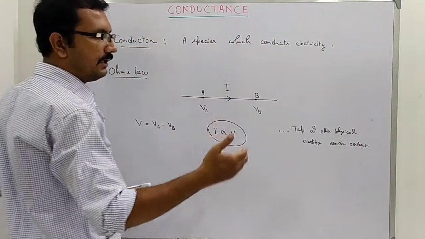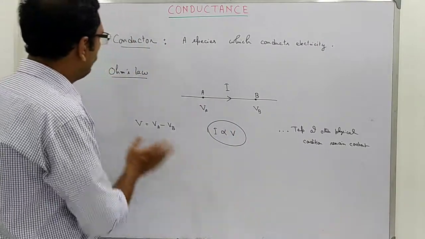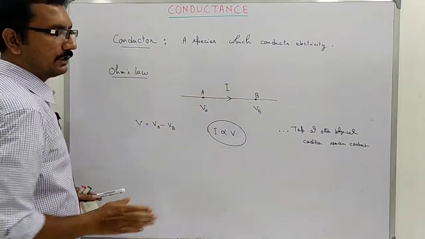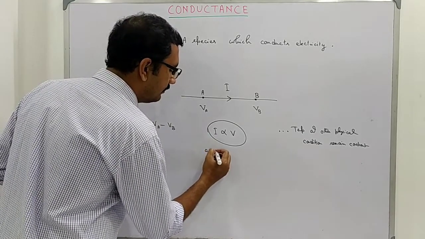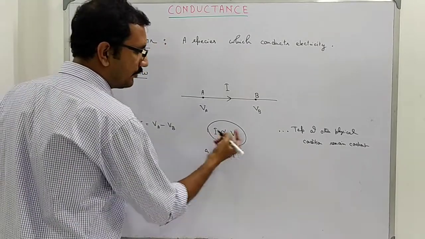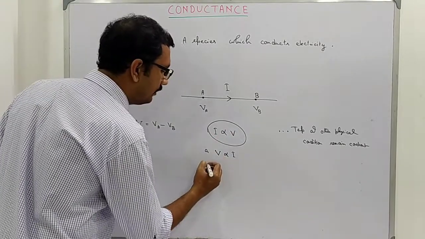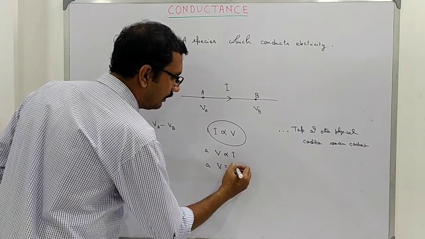So, when temperature and other physical conditions remain constant, then only Ohm's law is going to work for any conductor. Now, this can be reversed. I proportional to V indicates V proportional to I, or V equals I R.